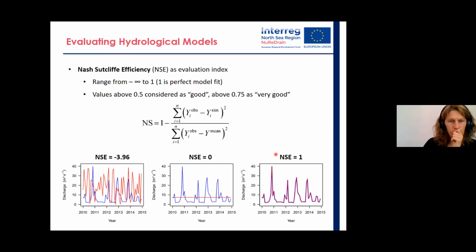On these pictures, you can see different values of the NSE. The NSE of 1 is obviously a perfect model fit. So the red and the blue line perfectly fit each other, which means a perfect representation of the real flow conditions by the model. An NSE of 0 means that the mean value of the discharge is an equally good representation of the flow as the output of the model.